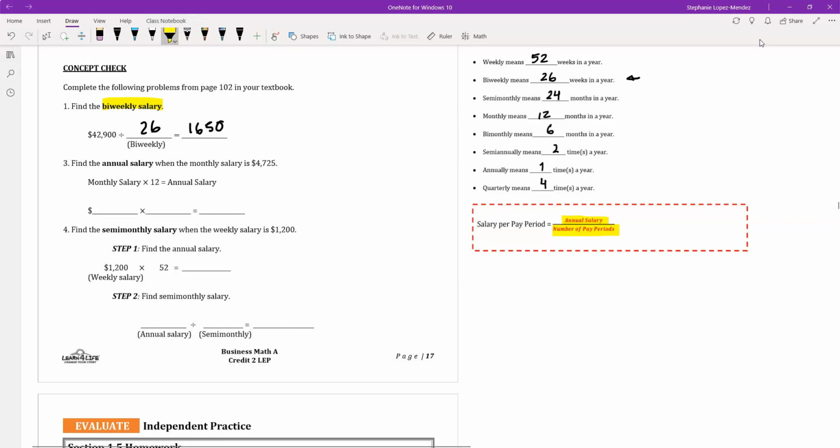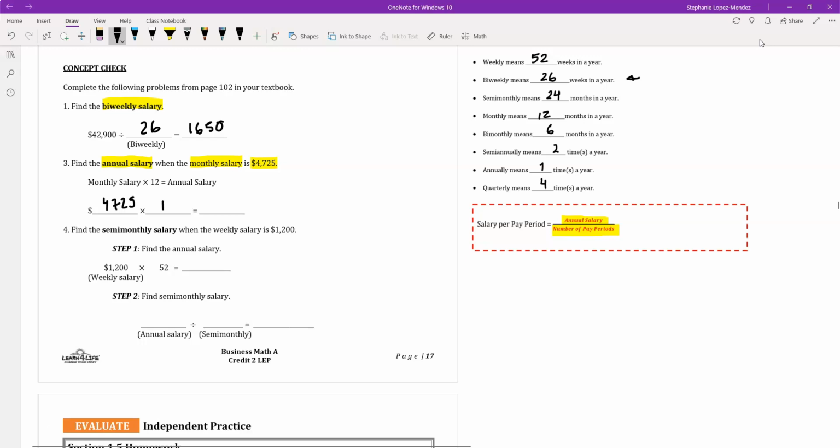Now for problem number 3, it says find the annual salary when the monthly salary is $4,725. So my monthly salary, right, is $4,725, and I know that we want to find the annual salary.